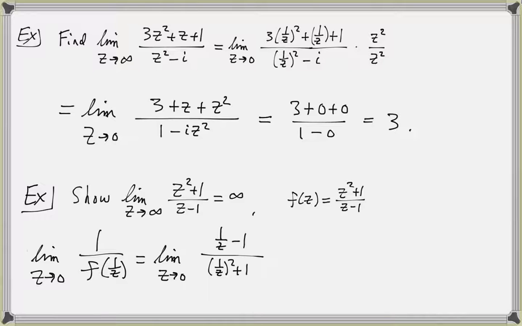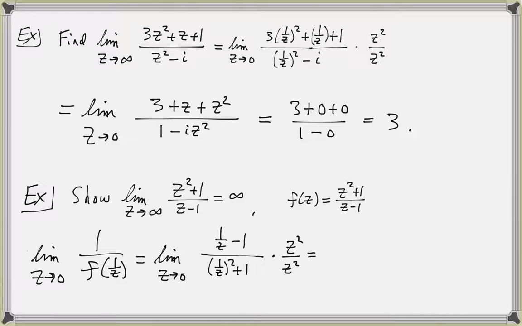Now I see that in the denominator I have a 1 over z^2, so I'm going to multiply both the numerator and denominator by z^2. This will cancel the z's in the denominator, and this is okay because the limit of z^2 over z^2 is 1.